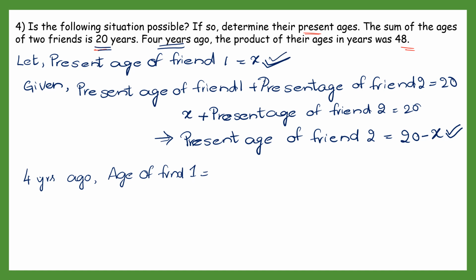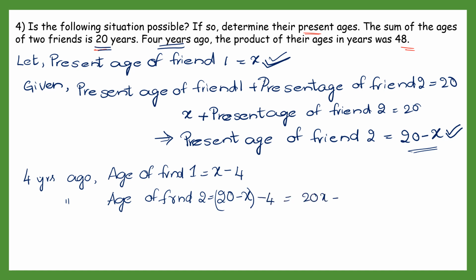Present age is x. 4 years ago his age means we should subtract: x minus 4. 4 years ago, age of friend 2. Present age is 20 minus x. This is a present age, 4 years ago so you should subtract 4. You will get 20 minus x minus 4. 20 minus 4 is 16, 16 minus x. This is age of friend 2 4 years ago.